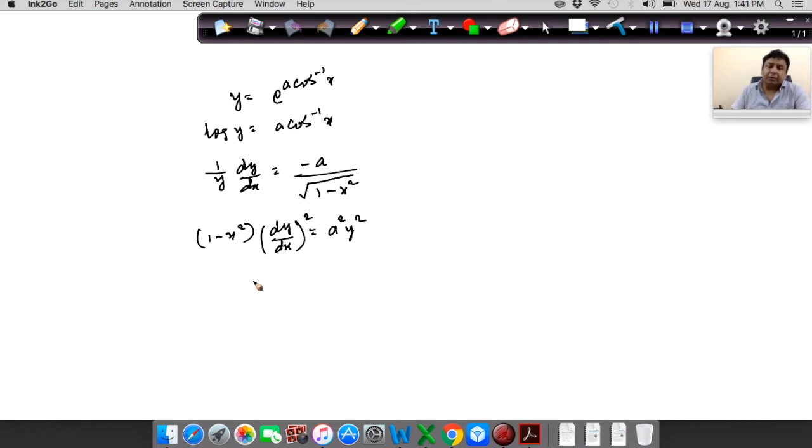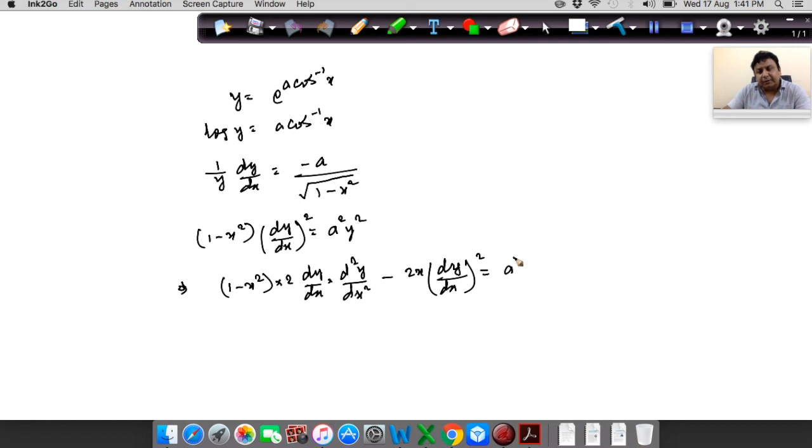Remove the roots and cross multiply to get the denominators removed as well. Now differentiate both sides. 1 minus x square as it is into 2 dy by dx into the second derivative d2y by dx2, minus 1 minus x square differentiated, minus 2x, into dy by dx whole square, should result in a square, and y square is 2y dy by dx.